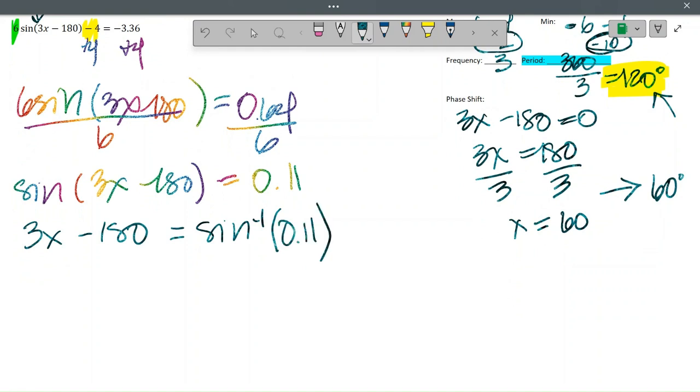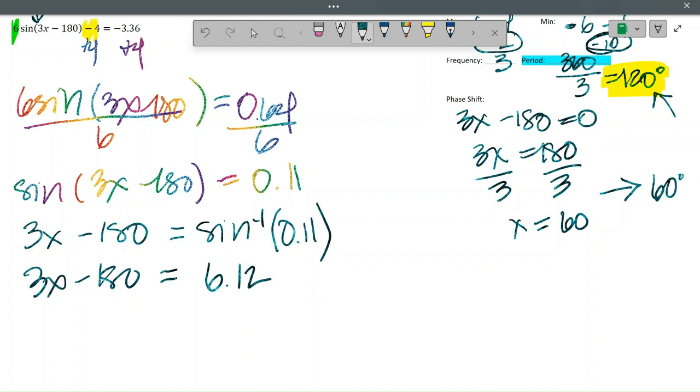That's the inverse sine. There's a button on your calculator, so go ahead and click that and then put in 0.11. And what you're going to get is 6.12, and this is degrees. As a reminder, double check that your calculator's in degree mode. If it's in radian mode, you're going to get a number other than 6.12. So double check that before you solve every problem so you're in the right mode.